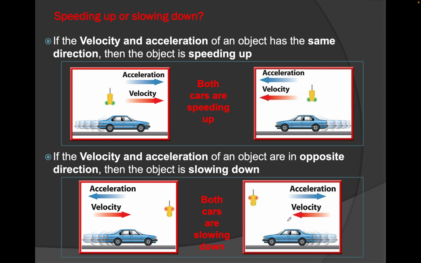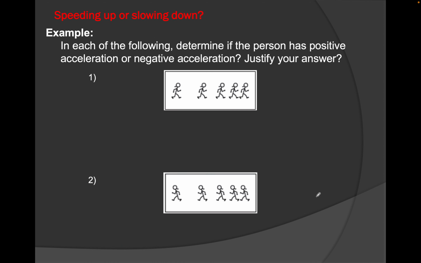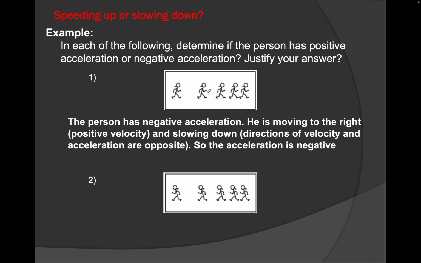And the opposite is true if he was going left. The acceleration will be in the opposite direction, he will be slowing down. And it's another way for you to determine what's going on. If you look at this, there's a big gap here, then a smaller gap, smaller, smaller, and it looks like he stopped. So in this case, he has negative acceleration because his velocity is pointing to the right, but he's slowing down. So his acceleration is to the left.